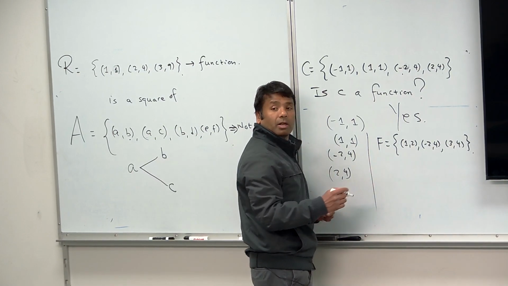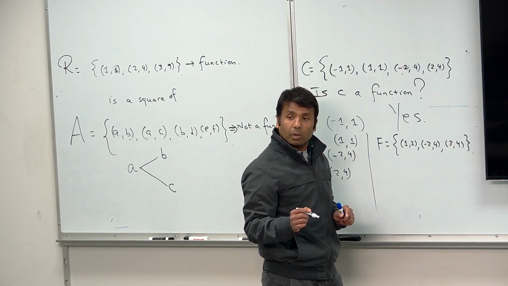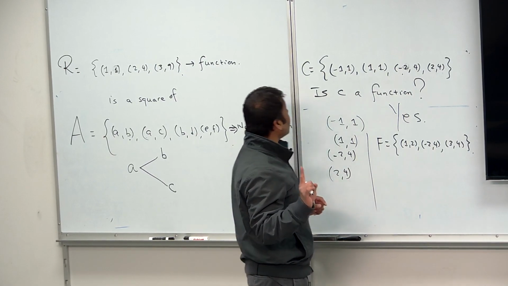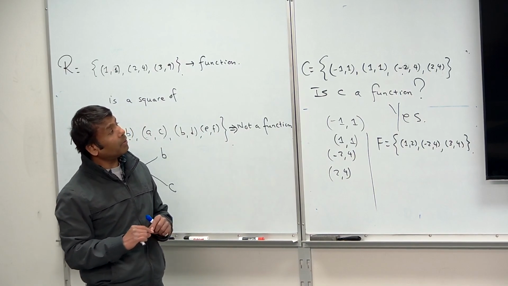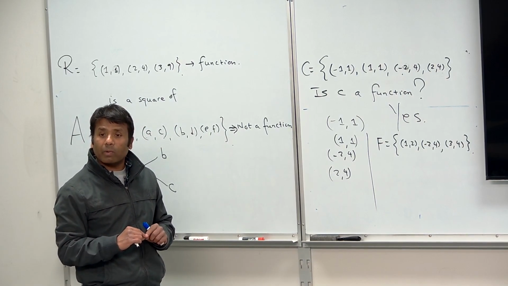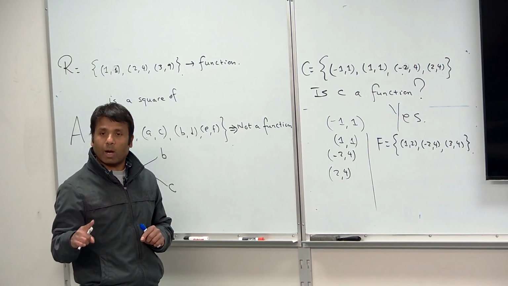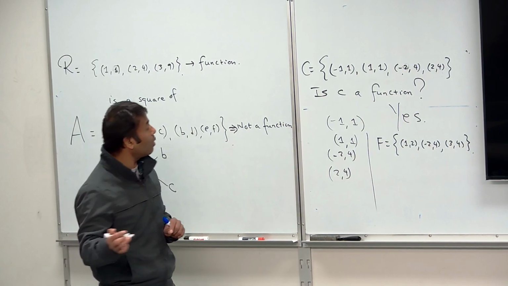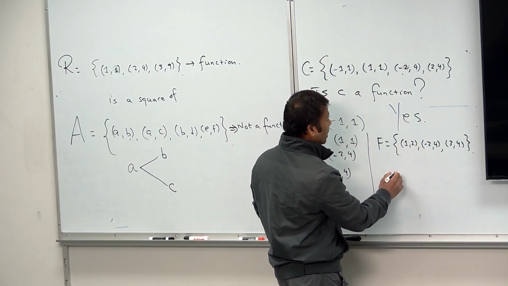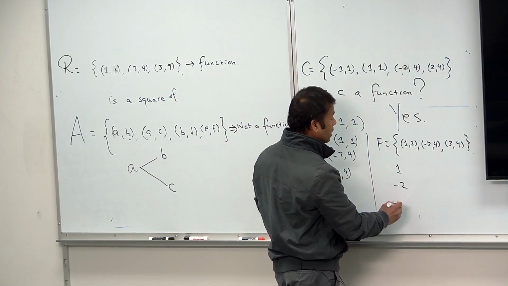So what is the definition of a function? For each distinct x value, there is exactly one y value. Is that right? Now look here. All of them are distinct. 1 is distinct, negative 2 is distinct, 3 is distinct.